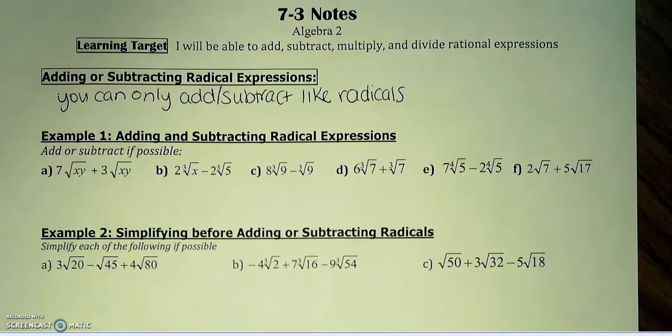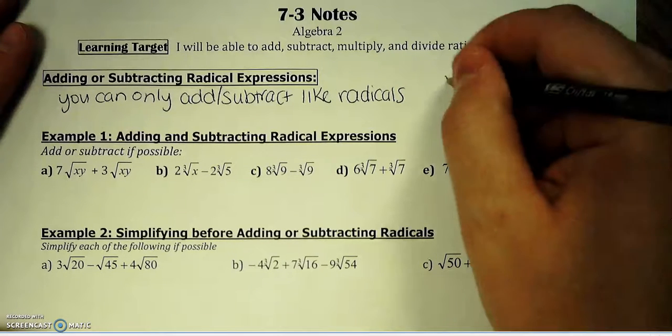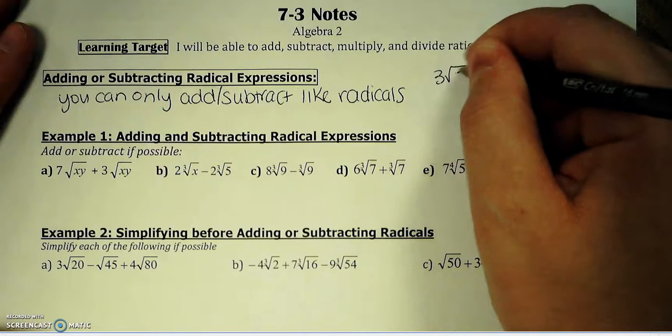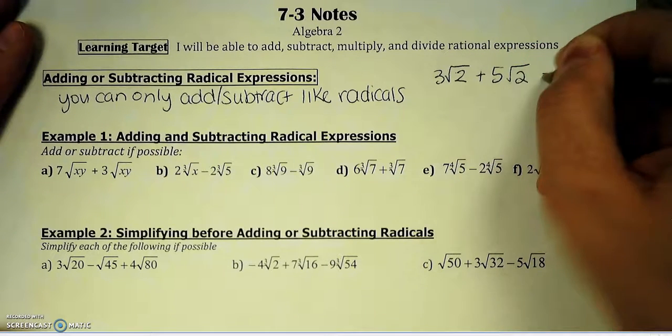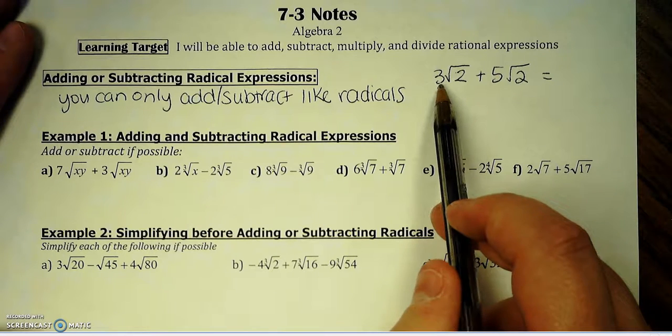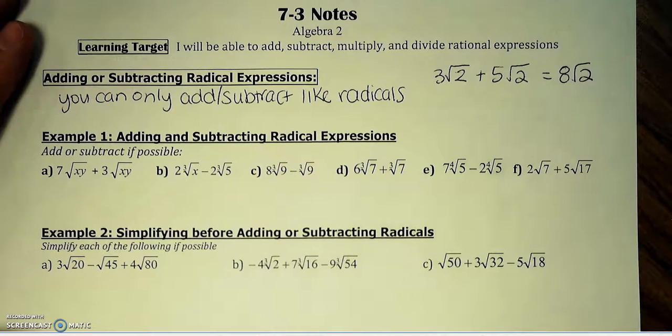So you can't add different indexed roots together, but they also have to have exactly the same thing under the square root. Just as a little example, if I do 3 square roots of 2 plus 5 square roots of 2, you can actually add those together. What you do is just add the numbers in front. This would be 8 square roots of 2.